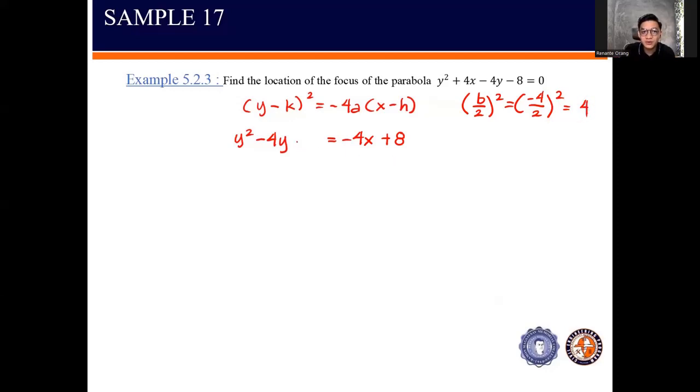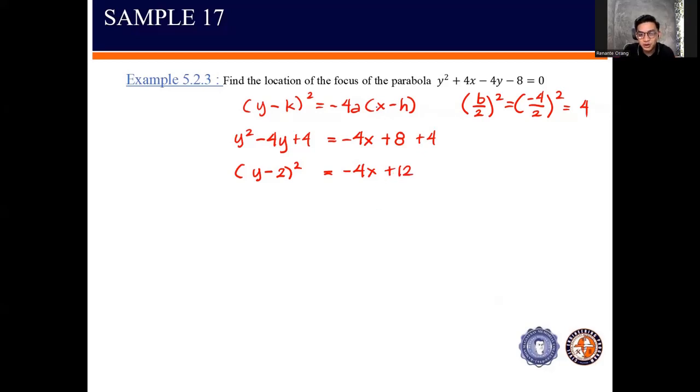So, therefore, we will add here positive 4. Sa kabila din po, lalagyan natin ng plus 4. And then, completing the square. So, for this one, negative yung nasa gitna. Therefore, yung kanyang completing the square is negative 2 squared. Sa kabila naman, isimplify lang natin. Negative 4x, 8 plus 4 is obviously positive 12.